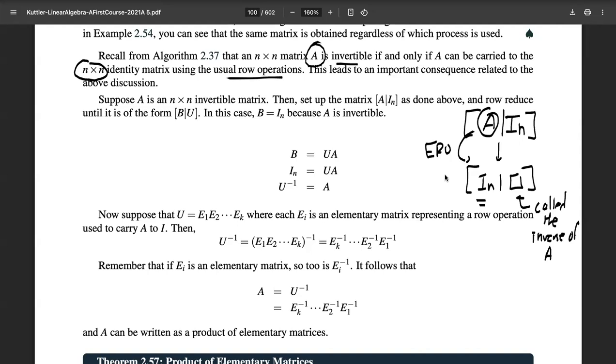And this leads to an important consequence when we are looking at elementary matrices also. Suppose we have an invertible matrix. That means there exists a matrix B such that A times B is the identity matrix. So we set up the matrix [A | I_n] like this, and we row reduce to reach this form here.